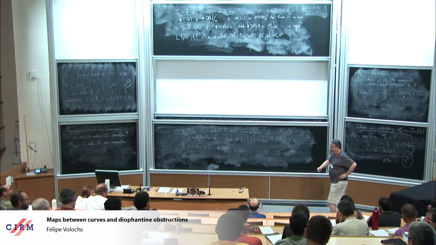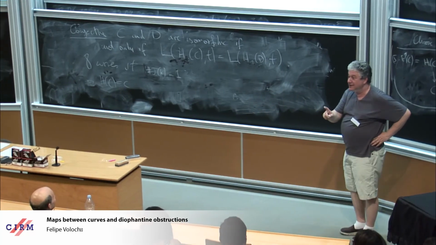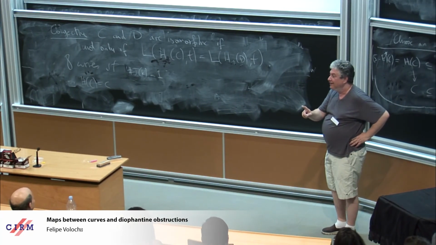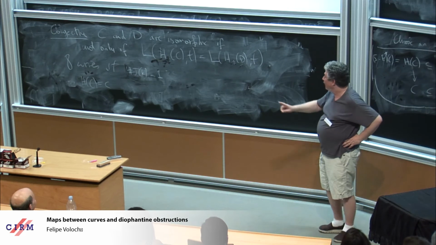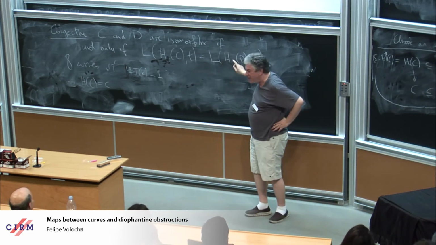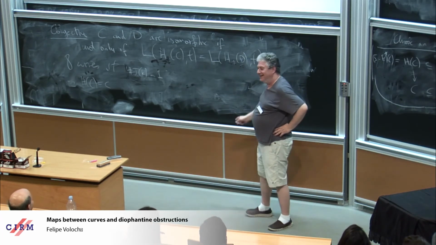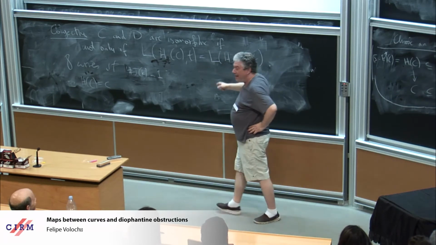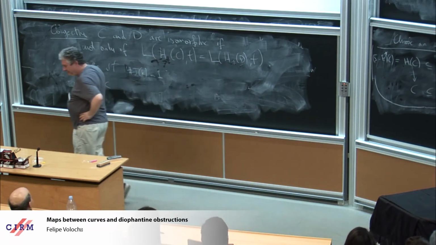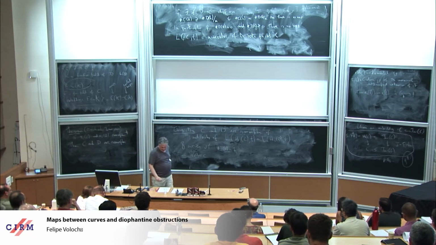So I checked. For those 8 curves, the L function of the curve itself is enough to distinguish the curves. So this conjecture is true for those 8 curves, but perhaps that's the most dangerous case. So I'm good.